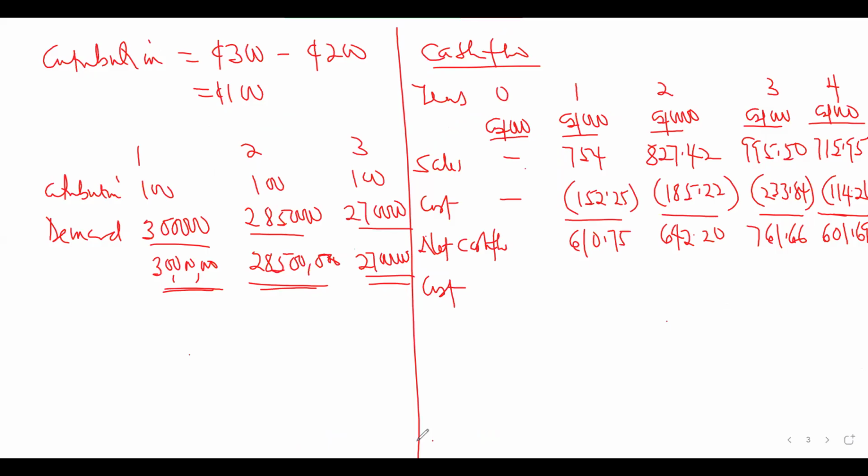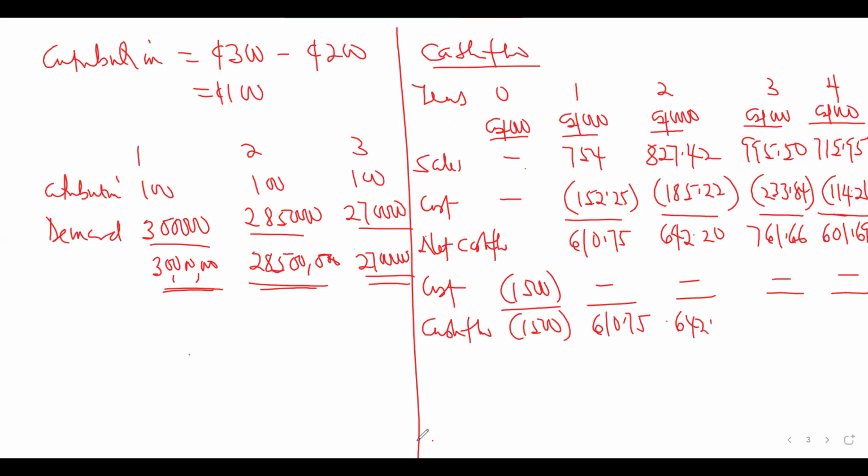So let's have our cash flow now. This will be 1,500, then 601.75, 642.20, 761.66, 601.69. So what is the discount factor?